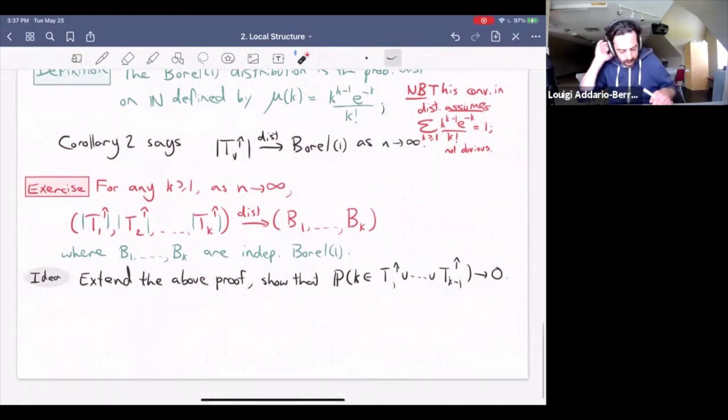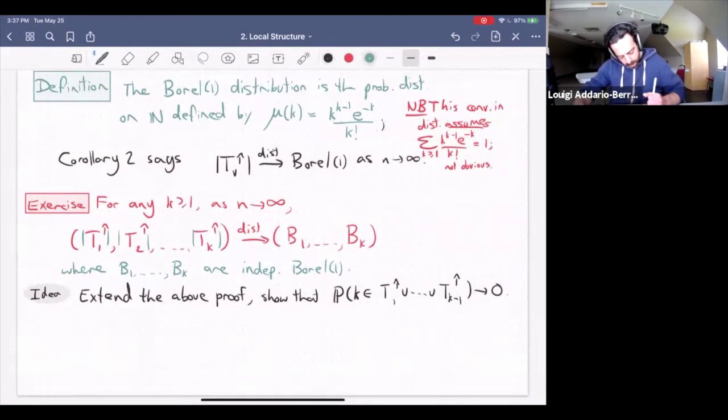Okay, and so a second exercise before I, this seems like a natural spot for a 3-minute break. I'll state a second exercise. So this relates to inserting.